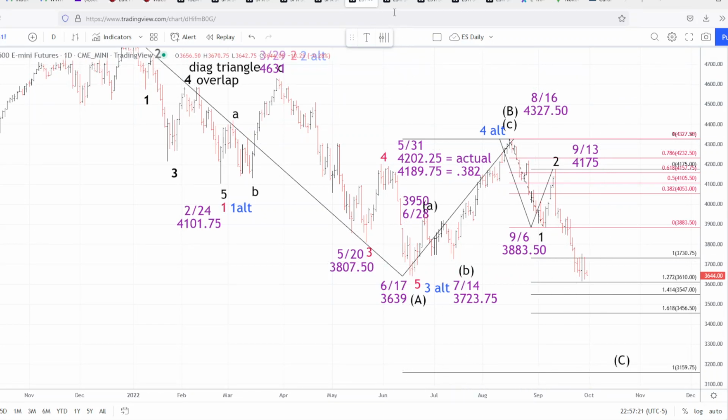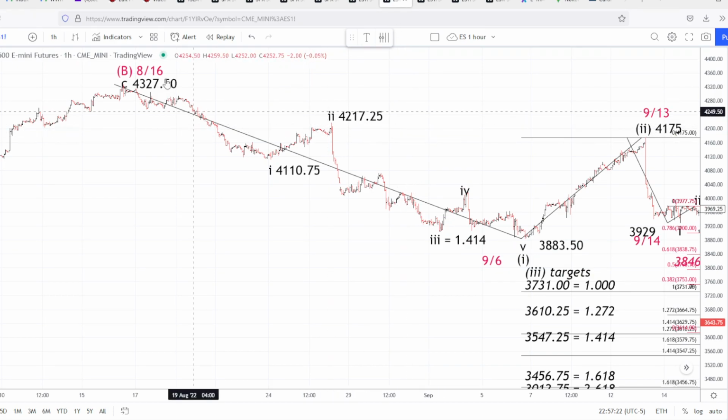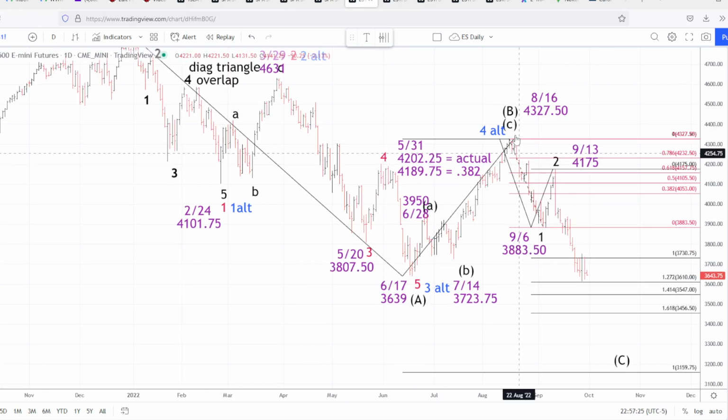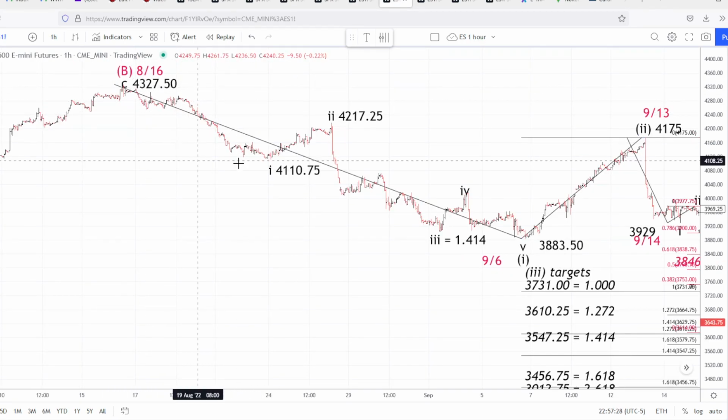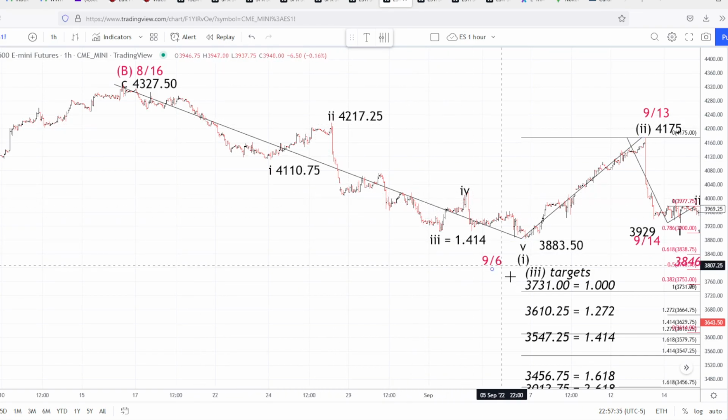We can look at this from that B wave high. There we are right there, the 8/16 high. There's the B wave high. I'm going to get into this a little bit differently here. We've got a 1 down, a 2 up, a 3 down, a 4 up, and a 5 for the larger wave 1 in parentheses. We're getting deeper into the wave count, and some people get confused or lost because we have 4 degrees of trend.